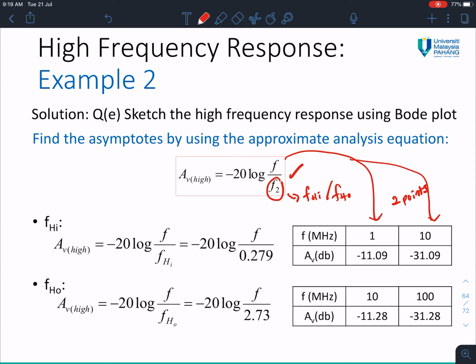Okay, so for the FH in, the frequency I set is 1 and 10. Why 1 and 10? This is because the frequency now is 0.279.